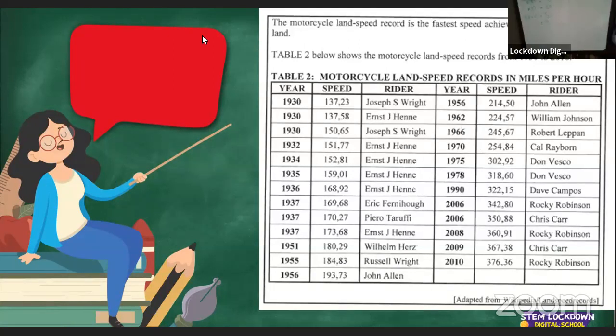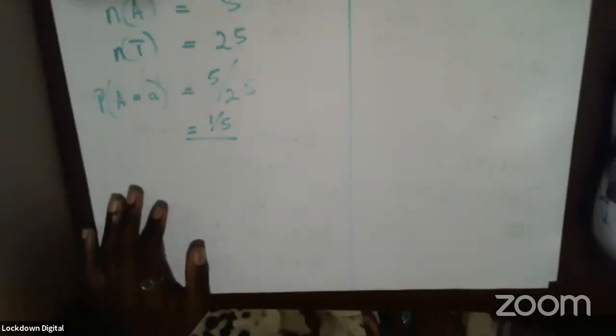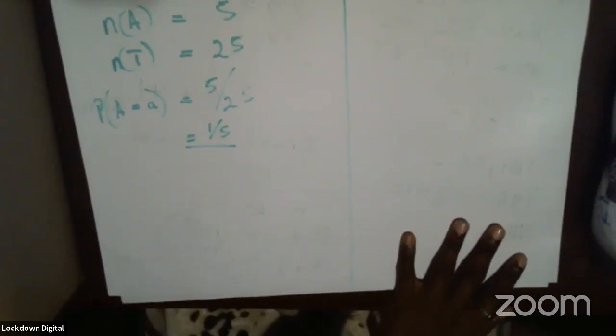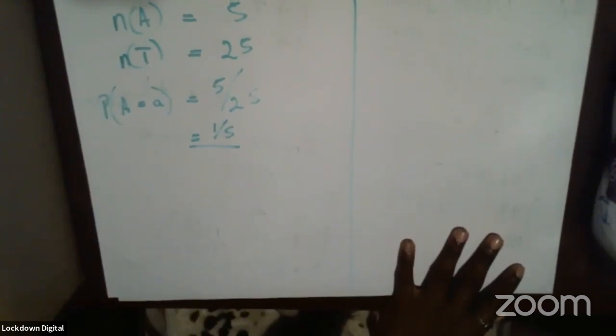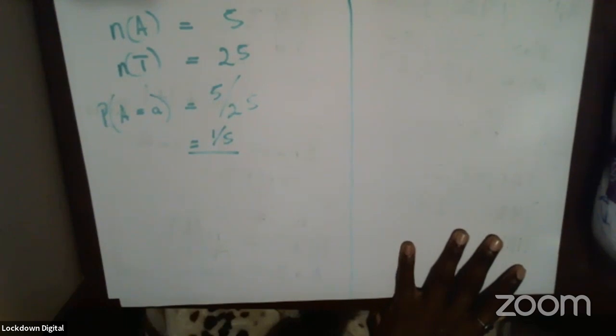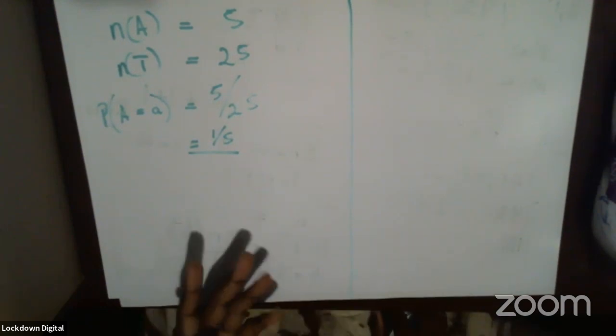This is how you find the answer. We have the probability of event A happening as 5 over 25, and you simplify it to 1 over 5. Okay.